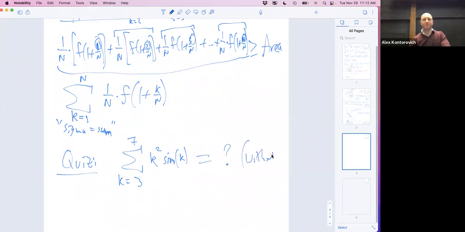Without sigma notation. Doesn't mean I need you to figure out what sine of 7 is. You don't know what sine of 7 is. Just write sine of 7. But just to check if this is making sense, give me a thumbs up when you got it.